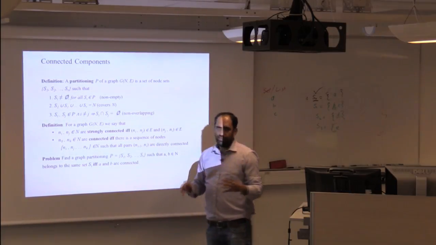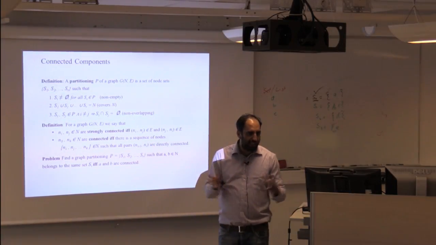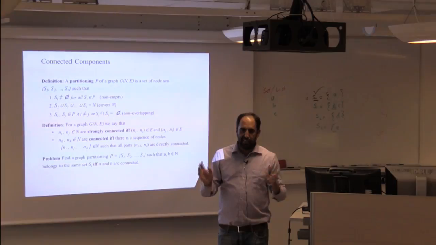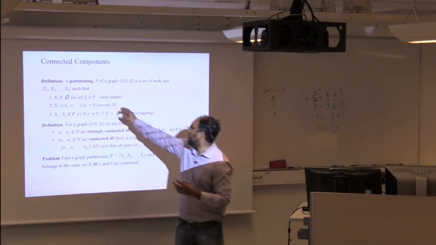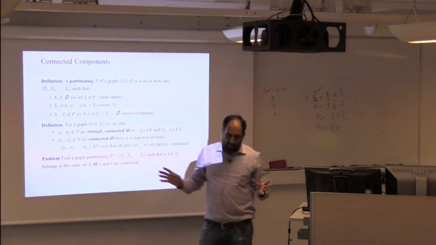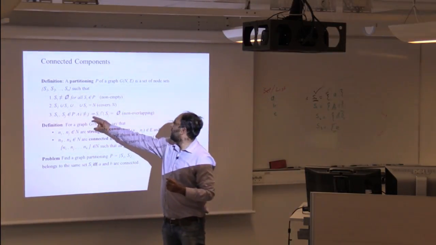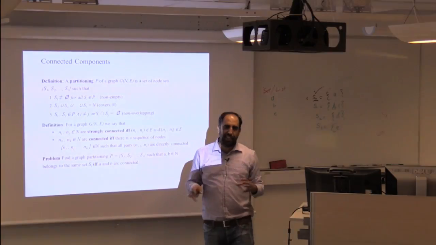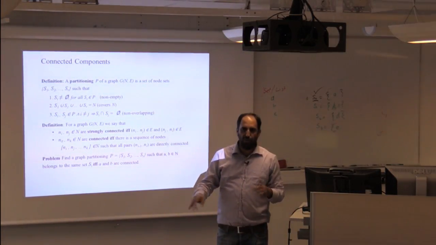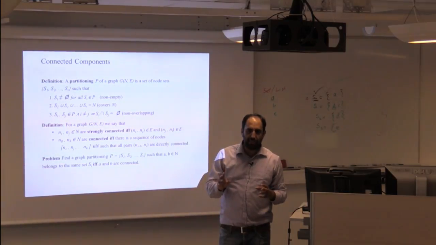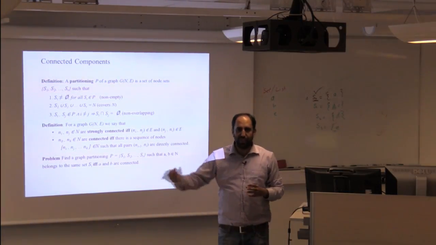And then if we take the union, or combine all the different partitions, the end result should be equal to the whole graph. And this condition mathematically says that there should be no duplicates in different partitions. So one node can be only in one partition. You cannot have the same node in different partitions.